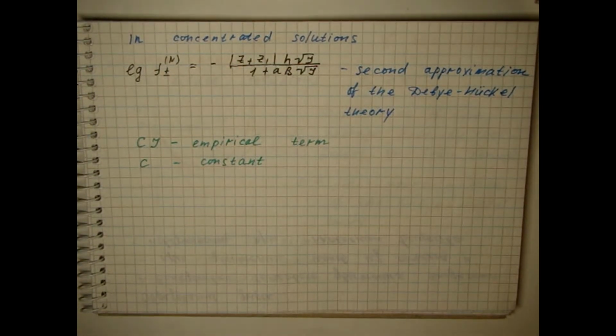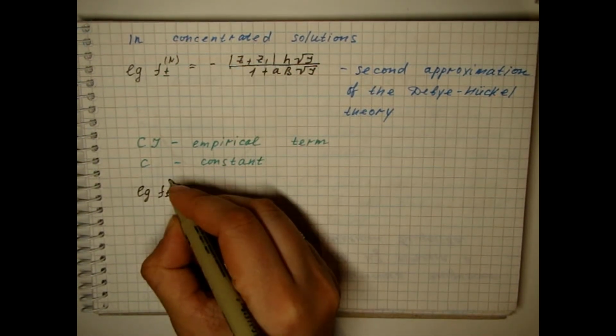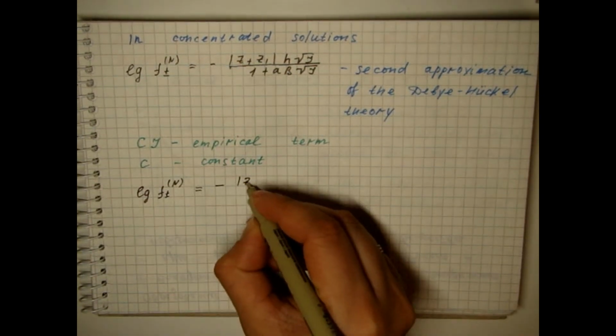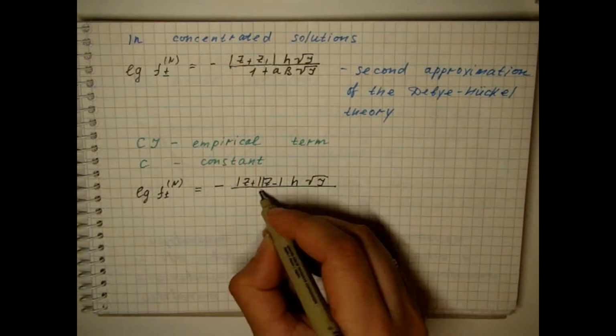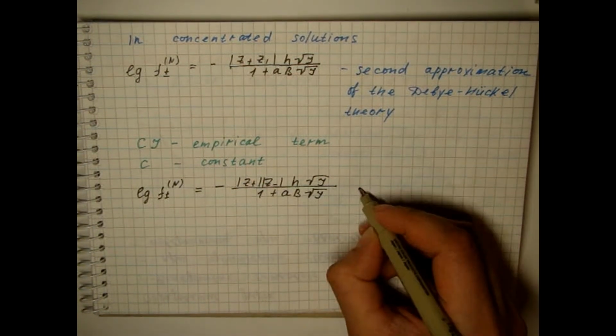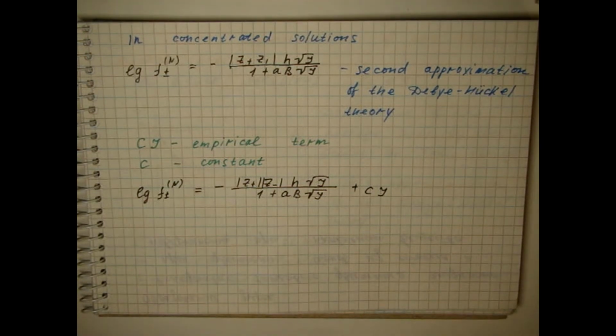And the formula has acquired the appropriate form. The resulting equation is known as the third approximation of the Debye-Hückel theory.